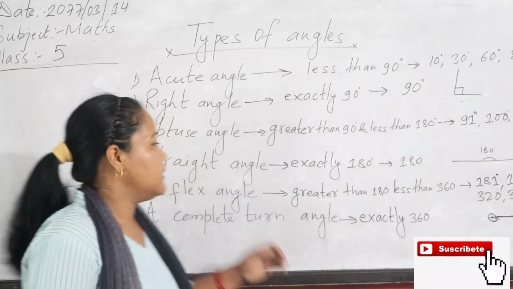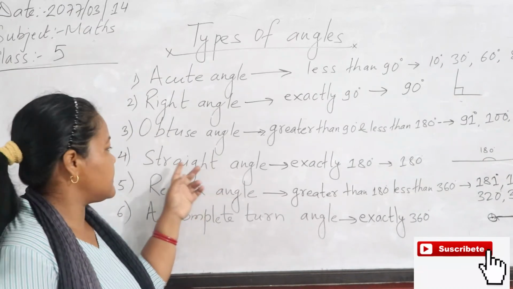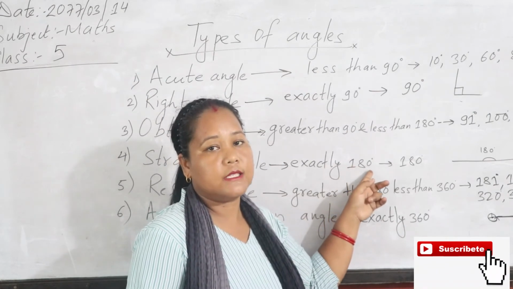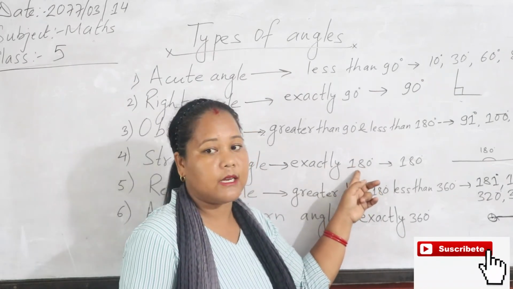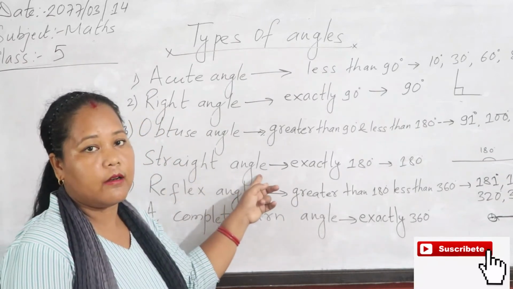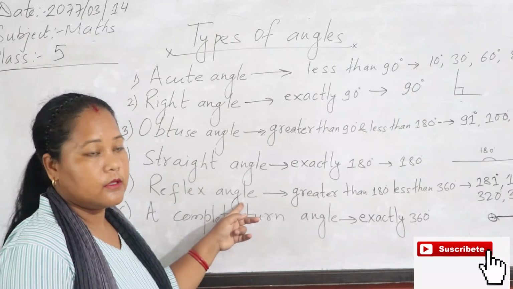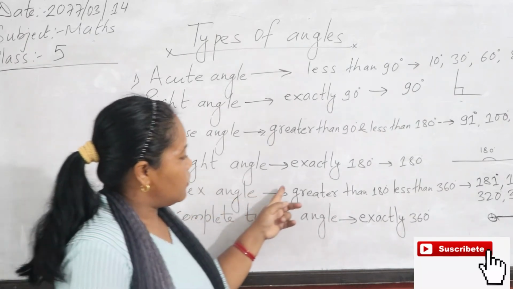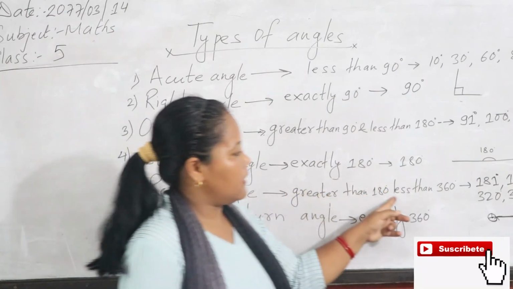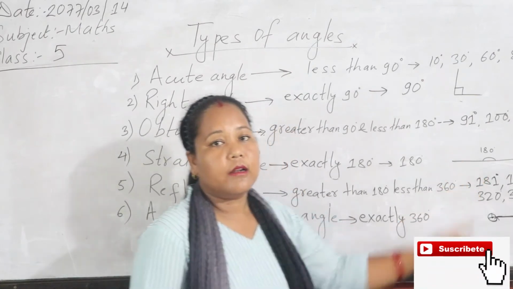And straight angle means exactly 180 degree. And next is reflex angle. Reflex angle says whose measurement is greater than 180 degree and less than 360.